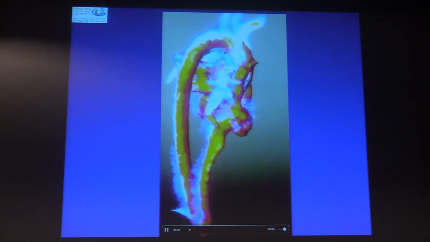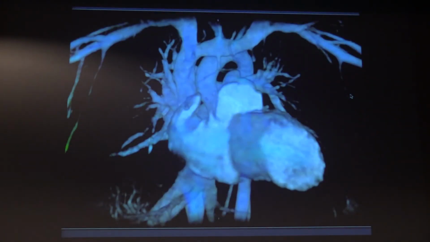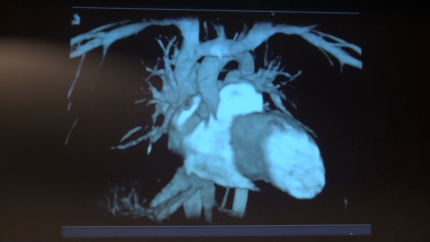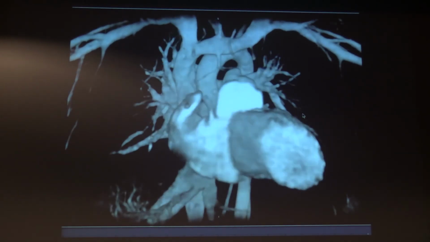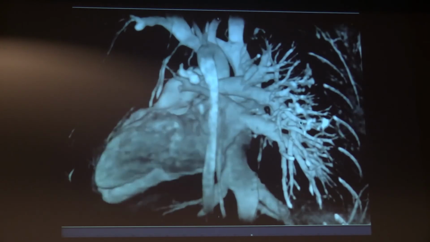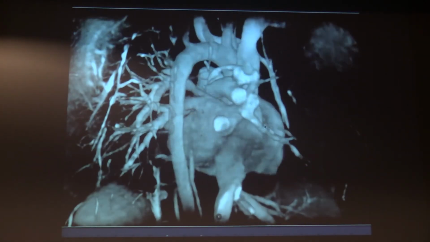This is a demonstration of the aortic arch. And actually we can use the whole body. We can see the flow and the anatomy together. These are sequences that people are already using all over the world.